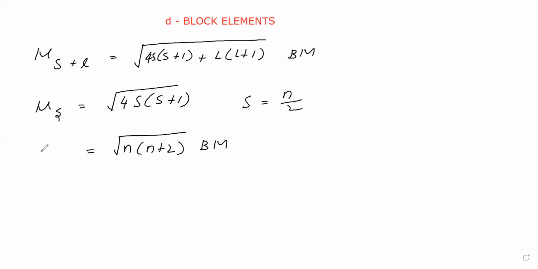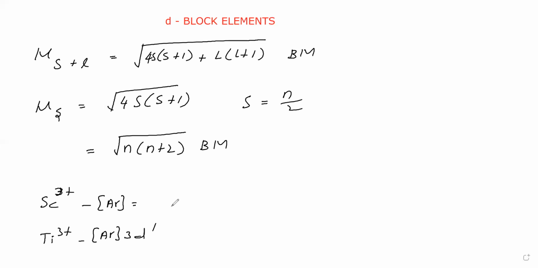Both we will compare. Now we will take scandium 3 plus. It does not have unpaired electrons. How? Scandium electronic configuration is argon, no unpaired electrons, so magnetic moment is 0. Next we will take titanium plus 3. Its configuration is argon 3d1, so one unpaired electron is there.